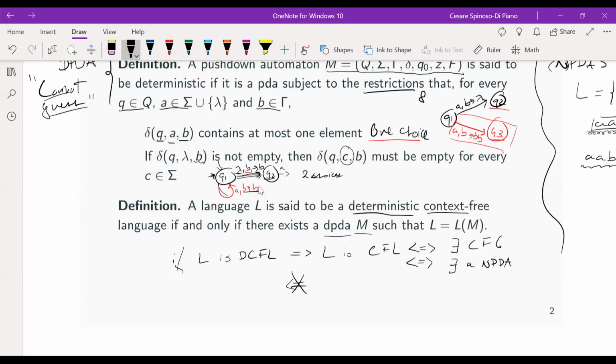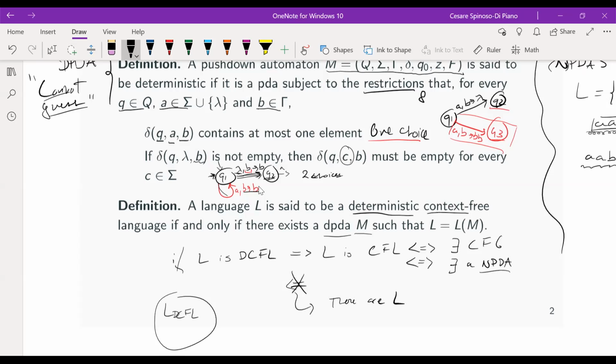So in other words, what does this mean? This means that there are languages L which can be accepted by an NPDA, but cannot be accepted by a DPDA. I know you saw this before, but I like to emphasize it in the tutorial as well.